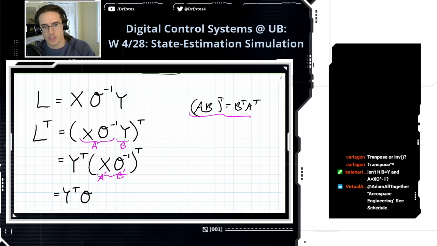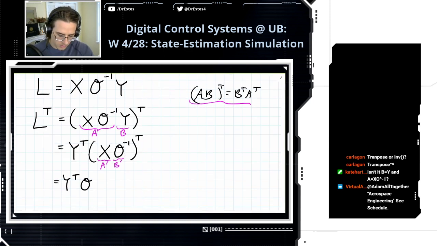And now it'll match up. But we can still do this. We'll call this A prime and B prime here. So now I'm going to have the inverse of the observability matrix transpose. So I'm just switching it with the X.